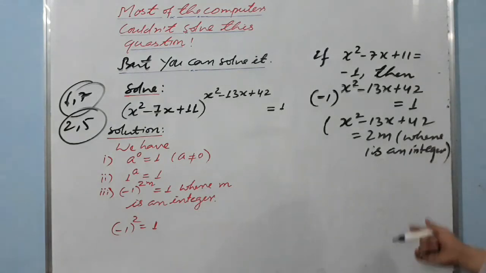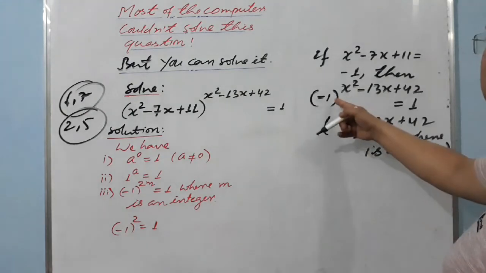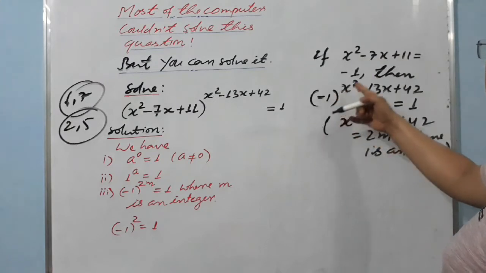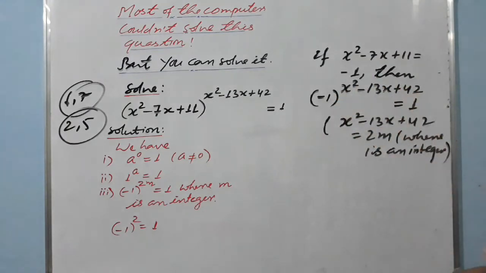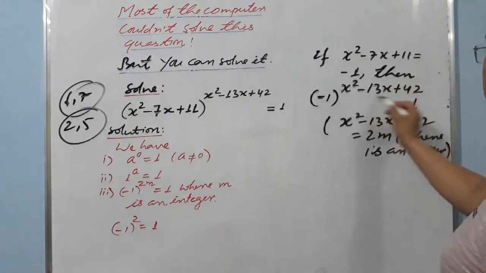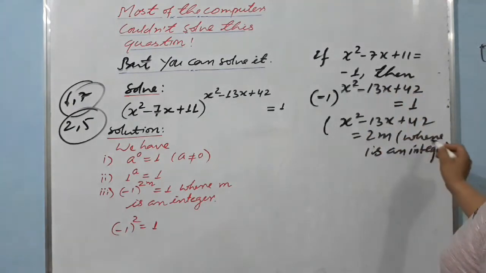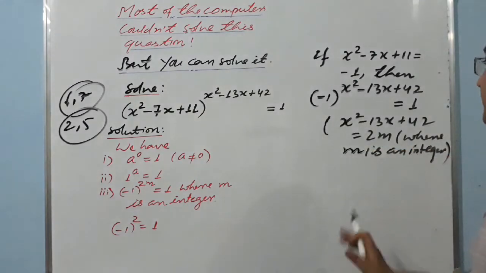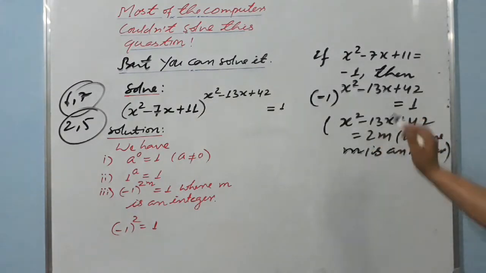Even then, if the base is minus 1, then minus 1 raised to this power is equal to 1, we will get. So this must be equal to 2m, where m is an integer.